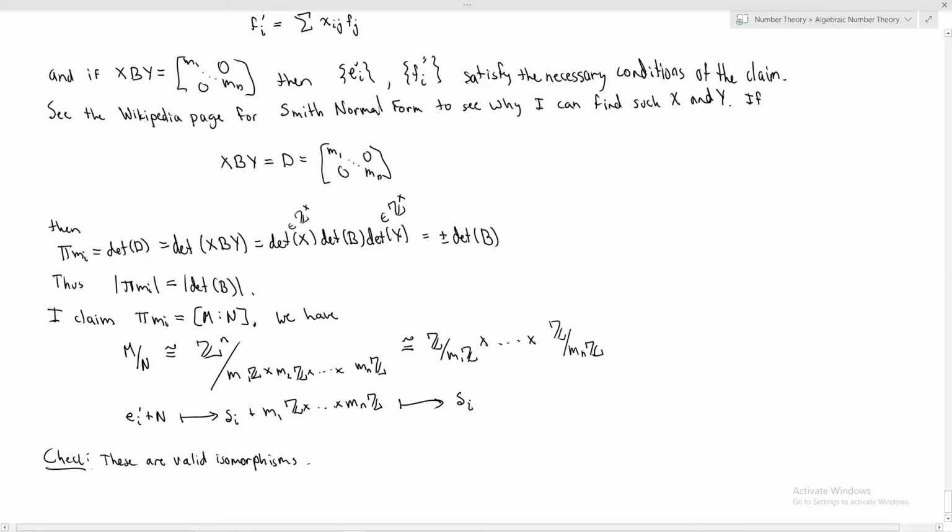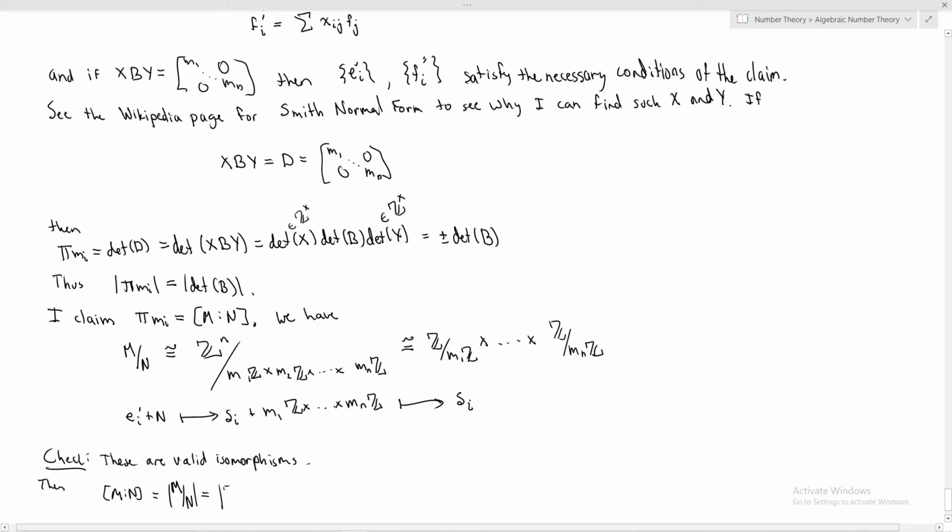And then what do we see? The index of N in M is the size of the quotient. All these isomorphisms preserve this size.